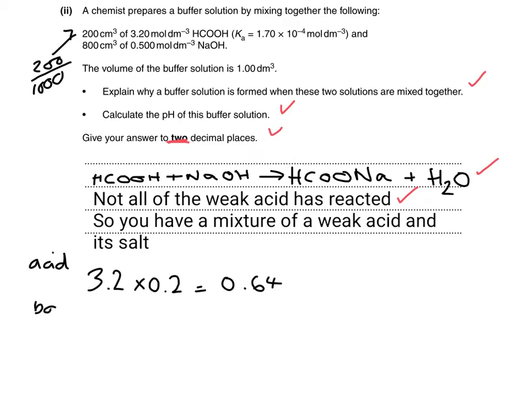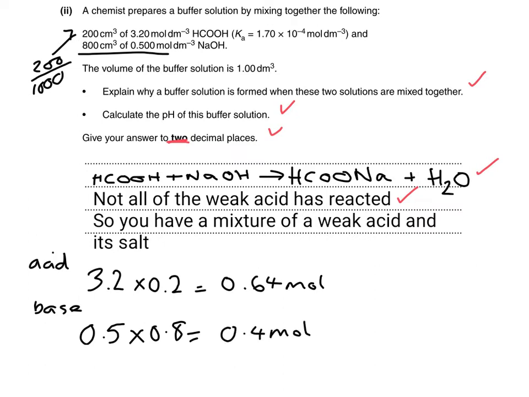We added, so that's our number of moles at the start. We added 0.5 times 0.8 moles, so that's from this bit up here, to give us 0.4 moles of base.